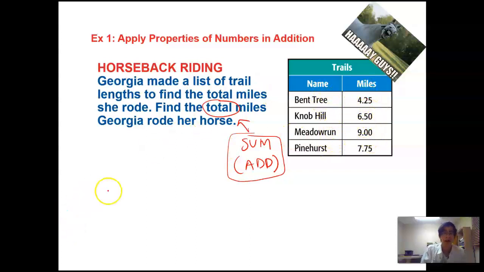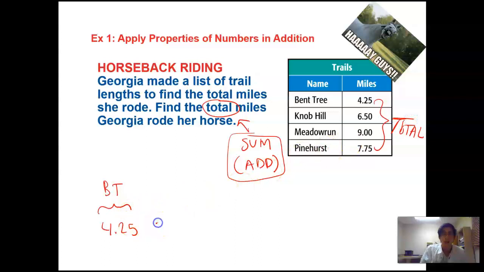Alright, so these are the different trails, and these are all the different miles. So I could say, when she went to Bent Tree, she went 4.25 miles. And I'm going to add because I'm going to find the total miles. Okay? Wow, that's an ugly T. There you go.